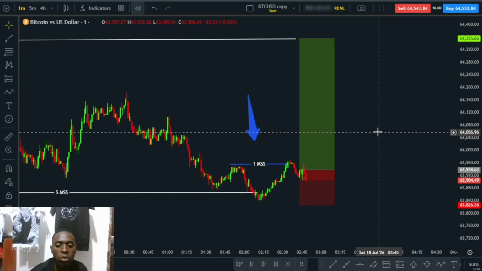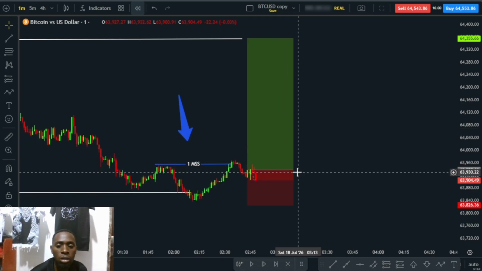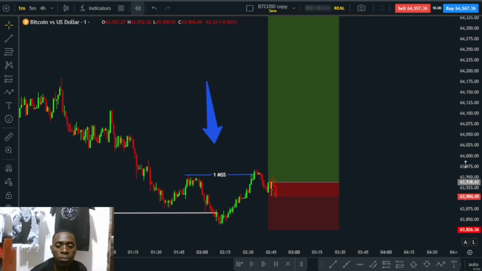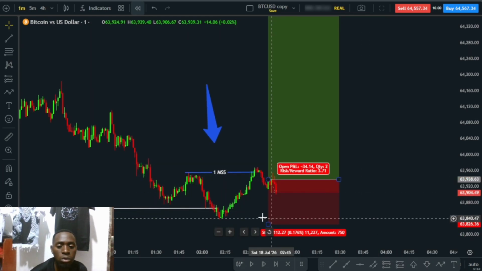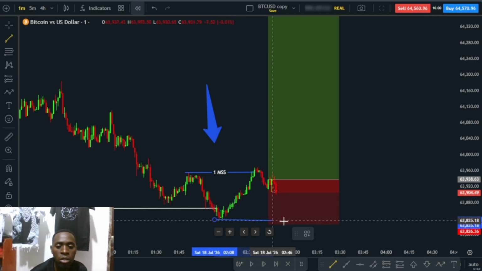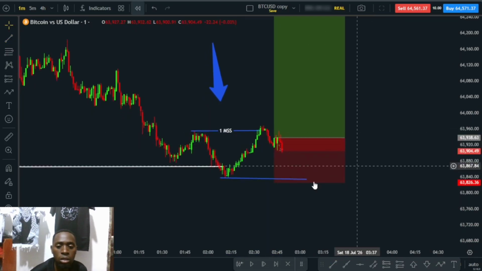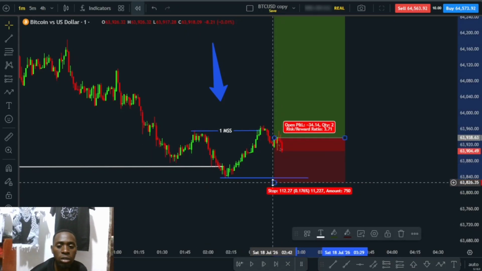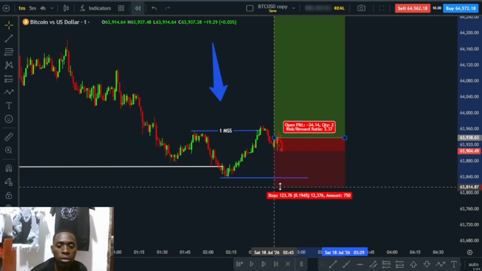So what am I going to do? I will go to the 5 minutes, then we see how this will play out. Okay, stop loss should be below this area right there. Okay, and you need to always give room for the market.